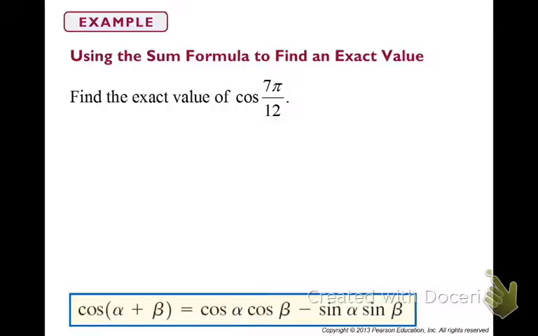So it will be up to you to find what values of alpha and beta you want to use. But just keep in mind that you must stay within those special angles that we have on our unit circle.